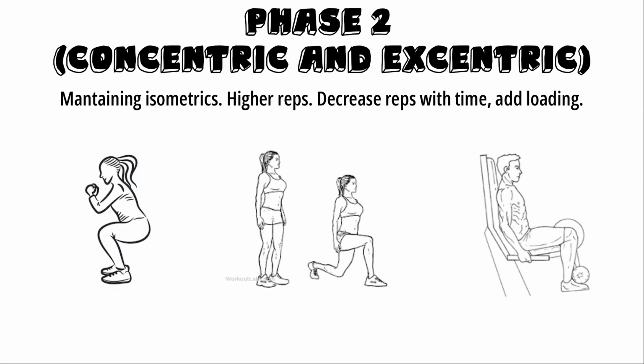What we need to do is build that capacity to exert force in a controlled manner. Again, as pain decreases and we can do most of these activities with no pain, which is probably going to take longer than the previous phase, maybe around 4 weeks, then we can progress to the next phase.